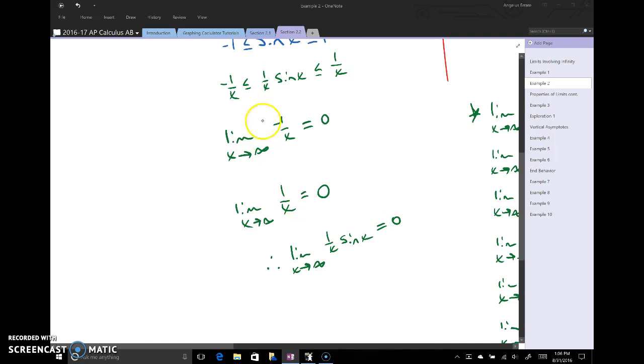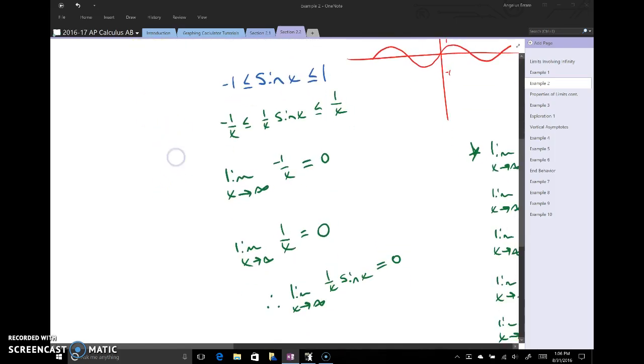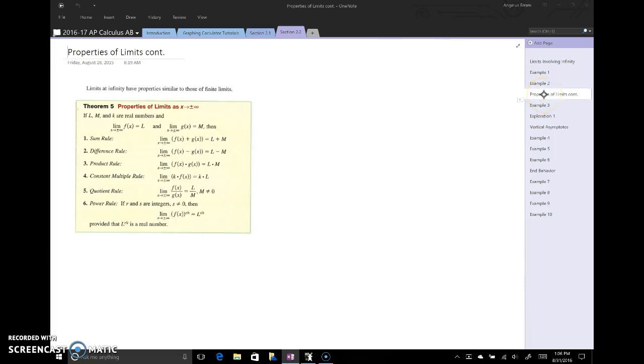Okay, because this thing has to be trapped between those two functions, and we found these two functions are both approaching 0, that means the function we're interested in is also approaching 0. So there's one technique for evaluating a limit algebraically.